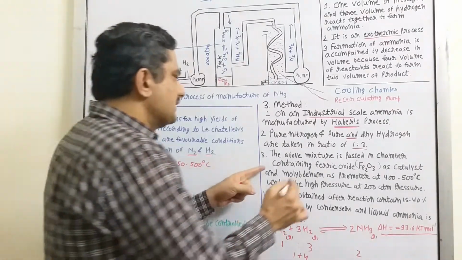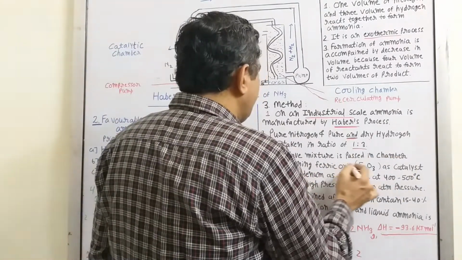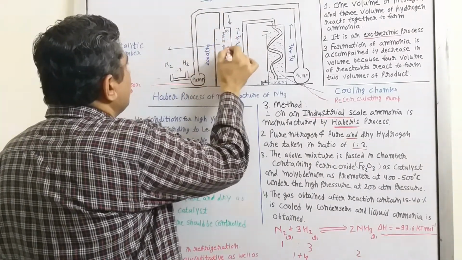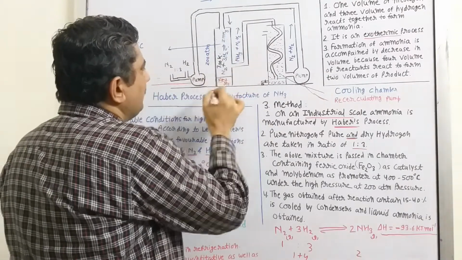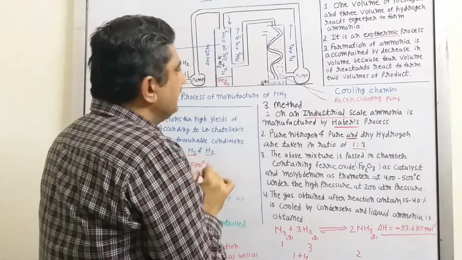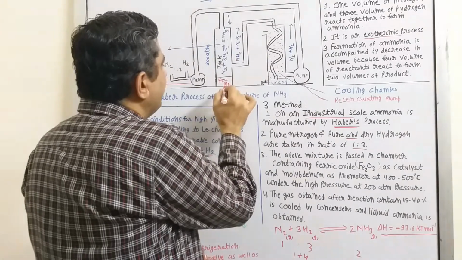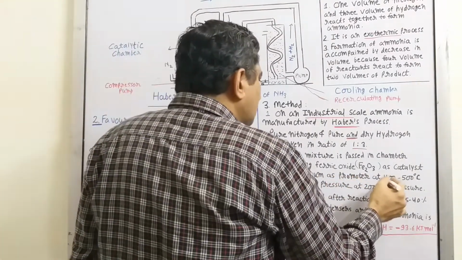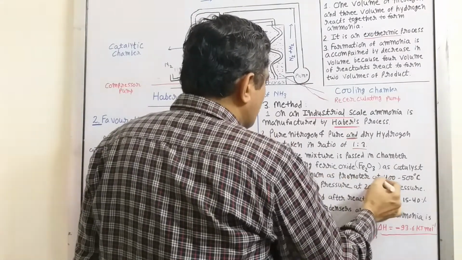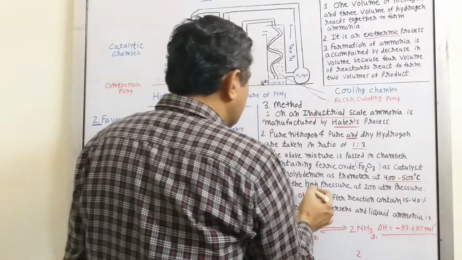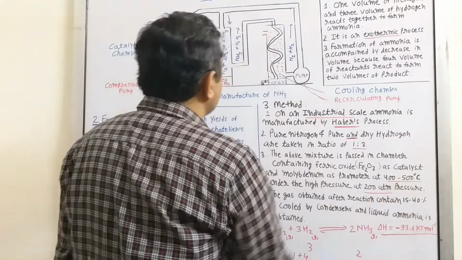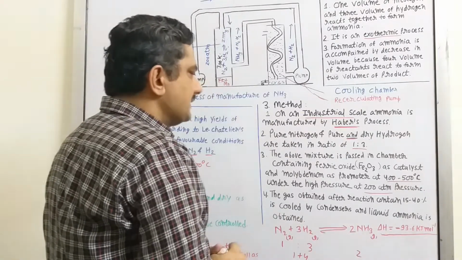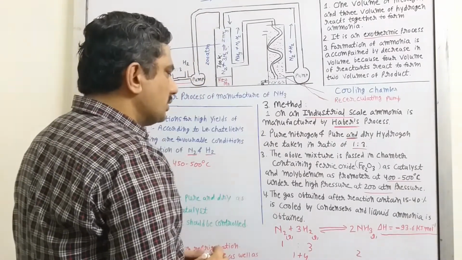The above mixture is passed into a chamber containing ferric oxide. This mixture is passed in a catalytic chamber where we take iron oxide as a catalyst and molybdenum as a promoter, at 400 to 500 degrees centigrade under the high pressure of 200 atmosphere.